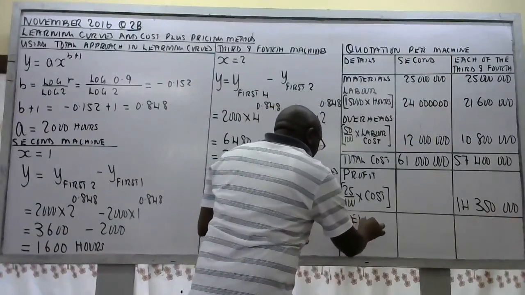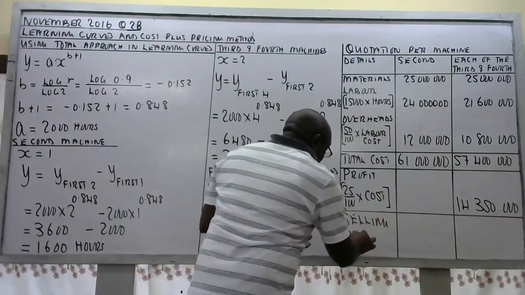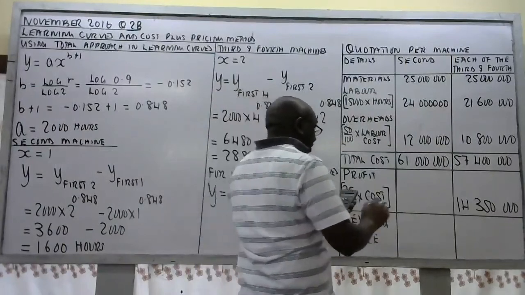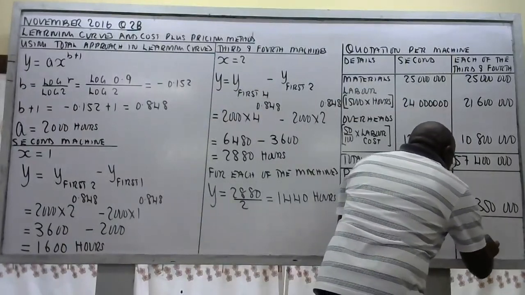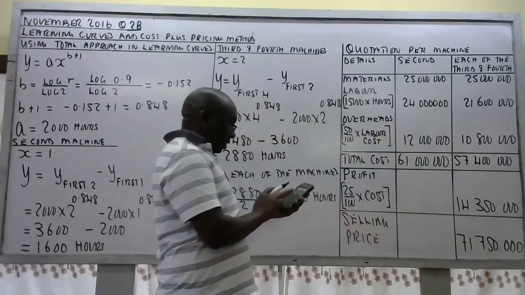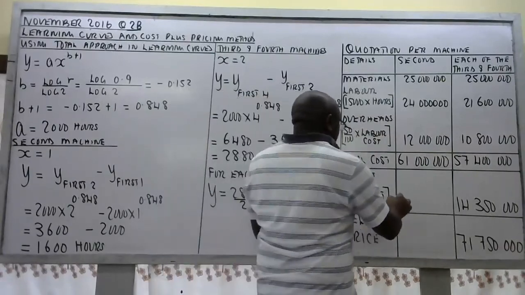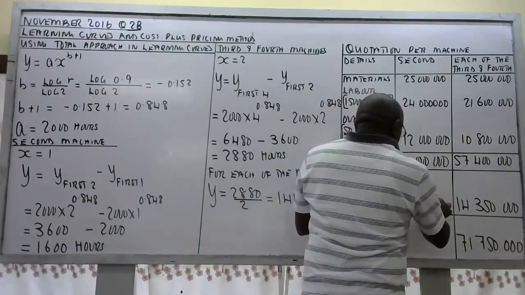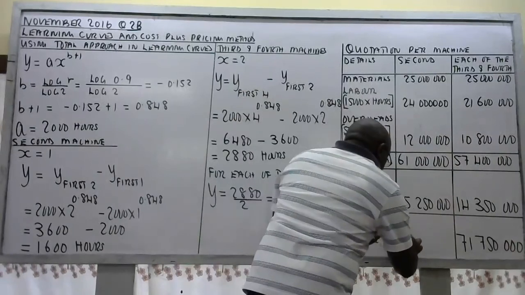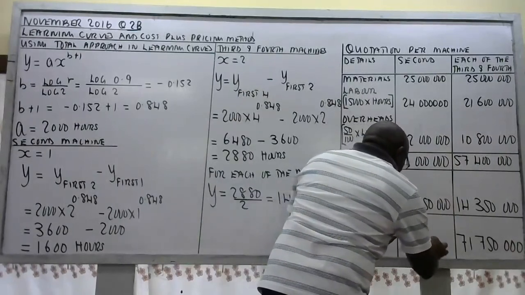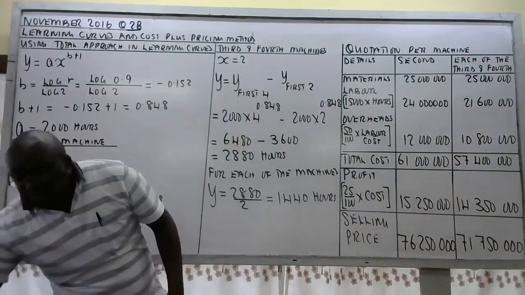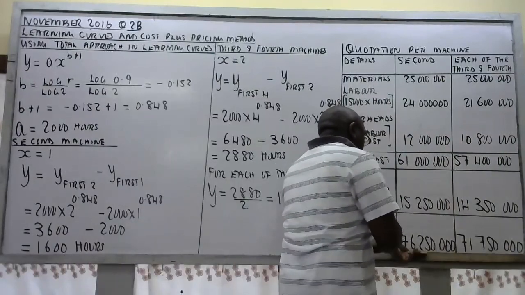Therefore, selling price, if I add 57,400,000, I will charge 71,750,000. Then 61 is 15,250,000. Plus 61, this is 76,250,000. And that is the answer to what the examiner wanted.